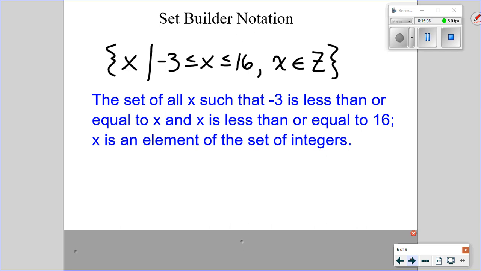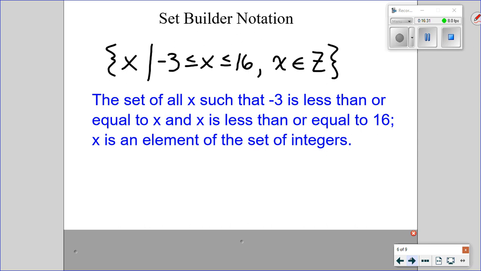We often see set notation, so I don't want you to see it and get confused because you don't understand it. But it's also a way to represent a set of numbers when it's impossible to list all the elements in the set. So that's another reason we might use set builder notation.